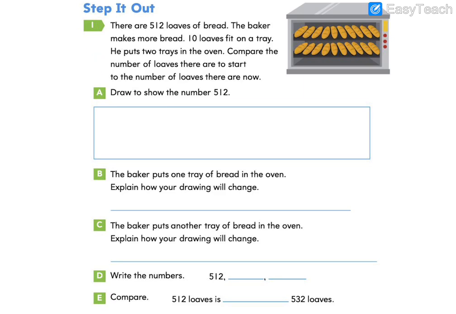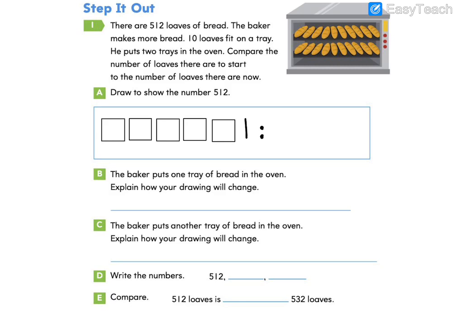So let's draw our number first, 512. So we have 5 hundreds, and we know 12 is made of 1 ten and 2 ones. When the baker puts 1 tray of bread in the oven, how would our drawing change? What would we do?